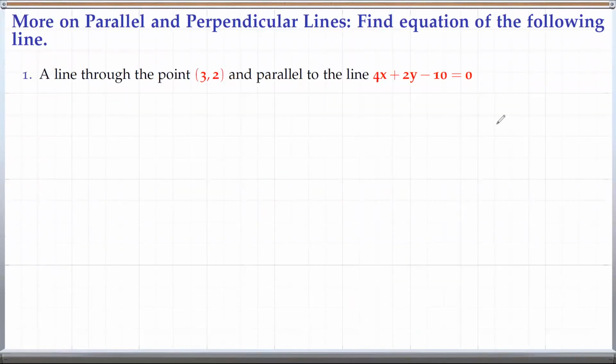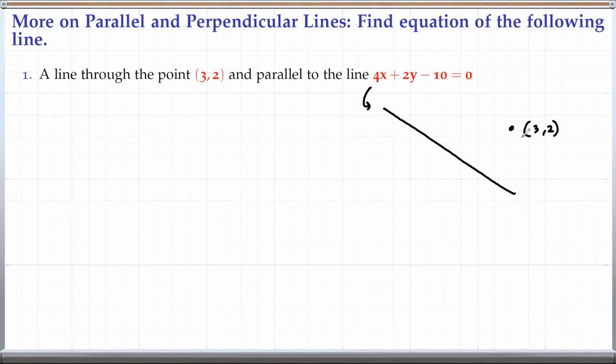Right, so here we have another example, a little different one. Here we want to figure out the equation of the line going through the point 3, 2 and parallel to this line, 4x plus 2y minus 10 equals 0. So let's suppose this line has a graph something like this one. And I'm going to just put this point 3, 2 somewhere here.